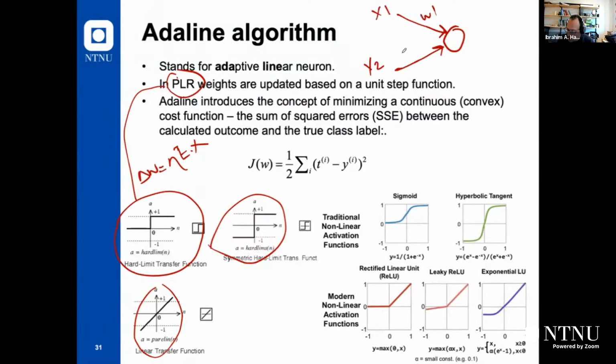We have omega 1, we have omega 2. We have a weighted sum. We have also bias. Input to bias is +1. Weight is this value. So we will calculate this value, and after that, we will apply it to this linear activation function in order to calculate the prediction. We use this one, in fact, for prediction, because we have here a linear activation function.